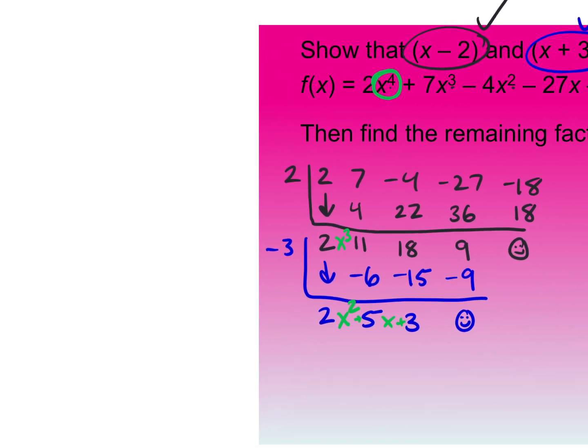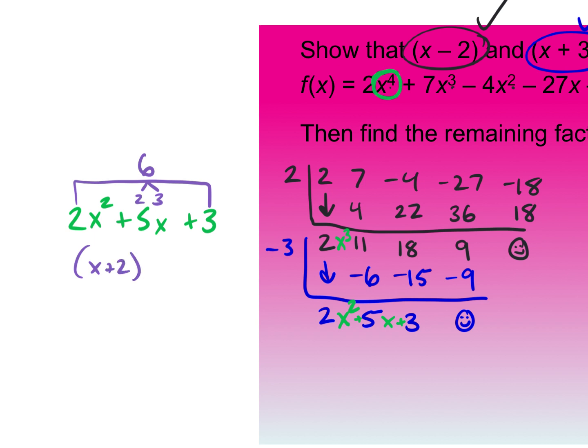So let's factor 2x squared plus 5x plus 3. I'm going to multiply the first times the last. We get 6. What are two factors of 6 that add to 5? 2 and 3. Perfect. So we have x plus 2 and x plus 3.